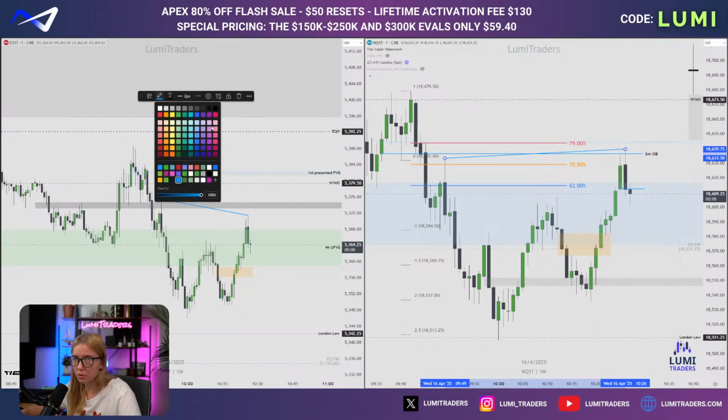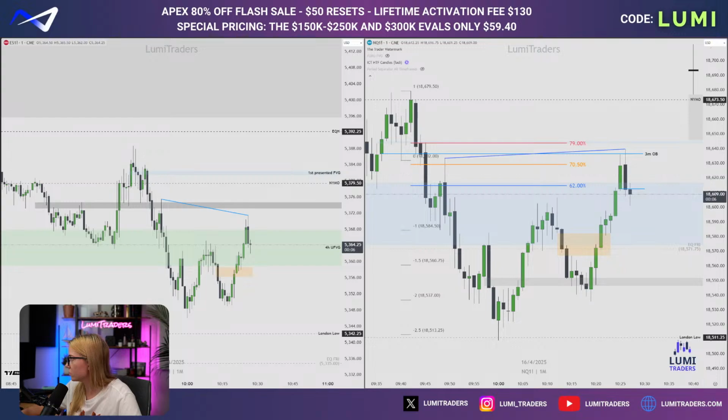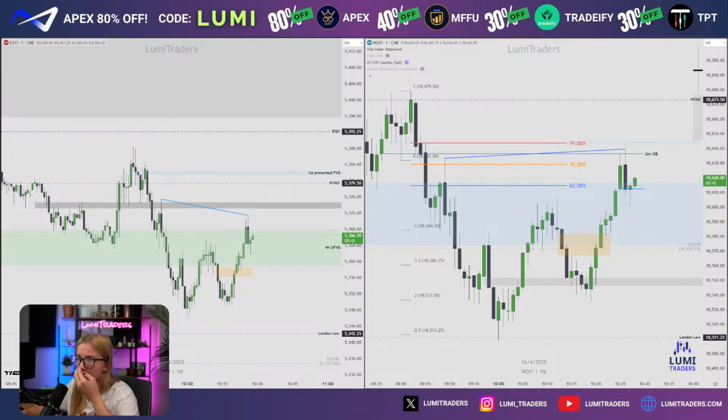Let me change the color for SMT to dark blue. And chase this fair value gap right now.